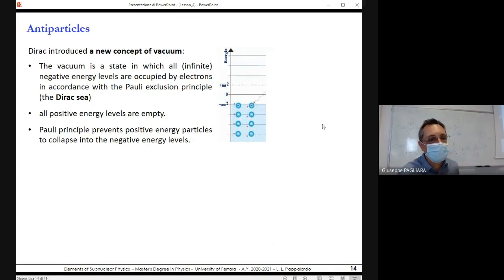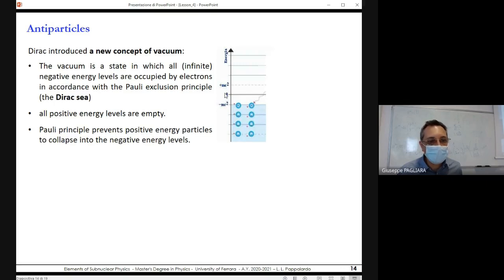So how to interpret the negative energy solution? Dirac introduced a new concept of vacuum. The vacuum is a state in which all infinite negative energy levels are occupied by electrons in accordance with the Pauli exclusion principle. So you see here, going down to minus infinity, all the negative energy states are occupied by two electrons, and only two because of the Pauli exclusion principle: either one or two, no more than two.